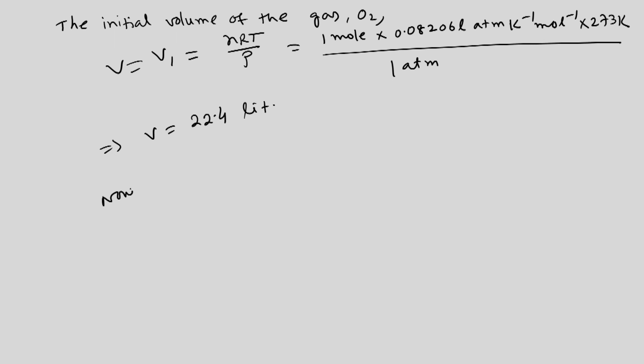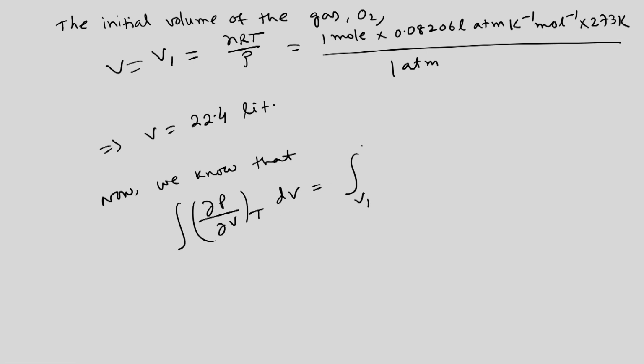Now, we know that the integral of (a by V squared) dV equals A times the integral from V1 to V2 of dV by V squared.